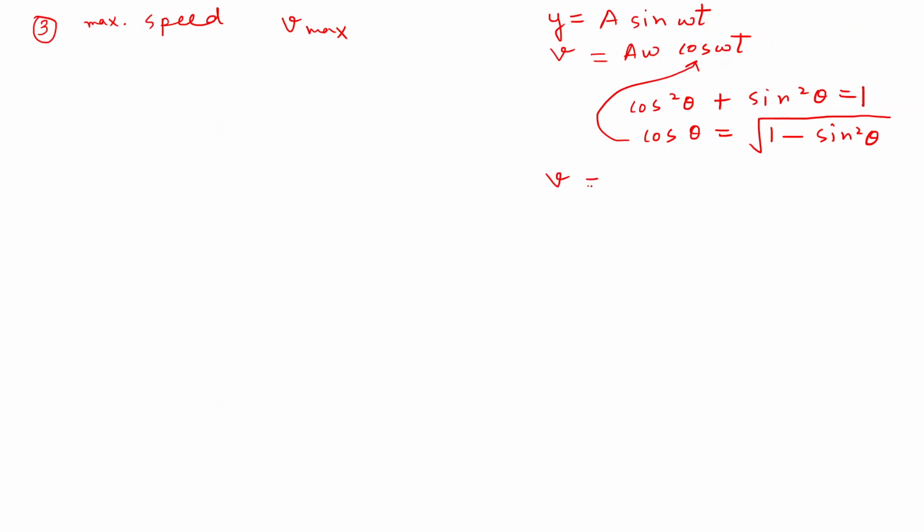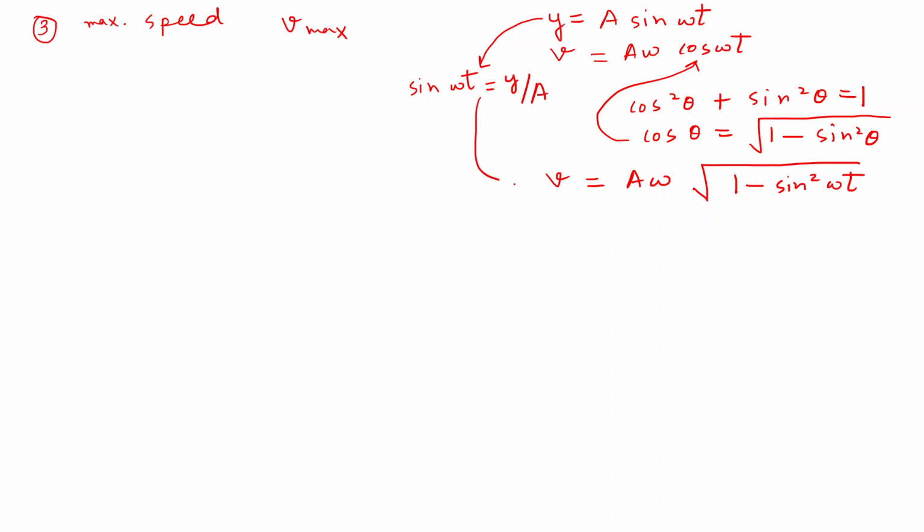We'll get velocity equals a omega times the square root of 1 minus sine square omega t. Now from our first equation again we can see that sine omega t is equal to y by a.